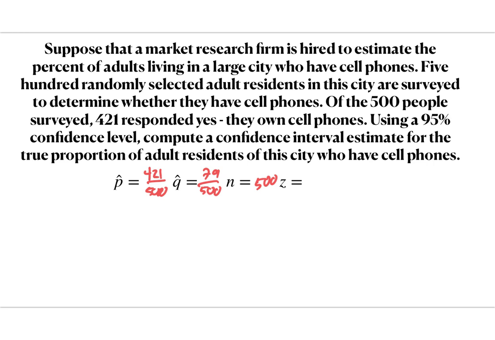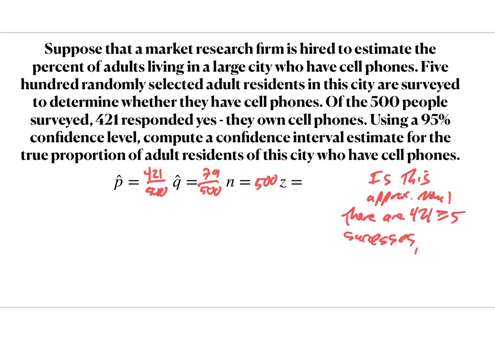So before I can do that, I have to find out, is this approximately normal? Apologize on that, I just can't spell. Normal. Here's what I do. There are 421, which is greater than or equal to 5 successes. 79, which is greater than or equal to 5 failures.